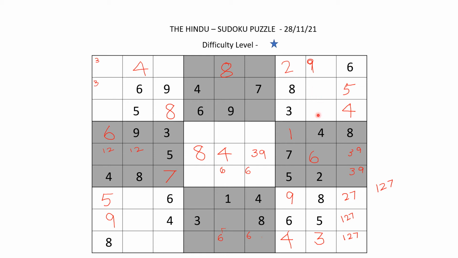The numbers are 1 and 7. Friends, you can see here is a 7. So automatically this takes 1 and this takes a 7.